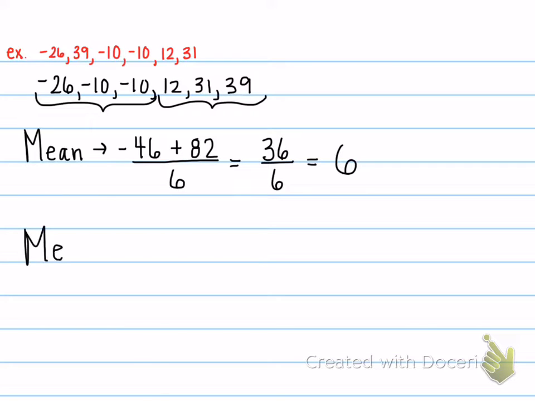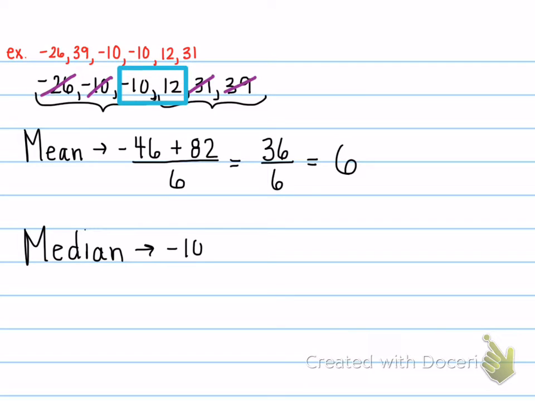The median comes from finding the middle number. So if I look at this, it's a little bit different than what we did before. If I cross these out, these 2 cancel out, these 2 cancel out, and I actually have 2 numbers in the middle, negative 10 and 12. I have to find the middle of those 2 numbers.